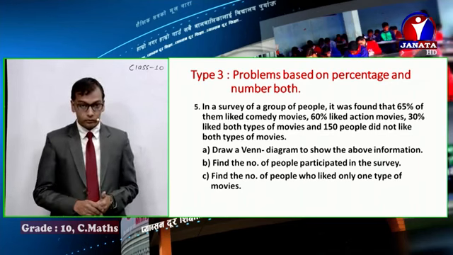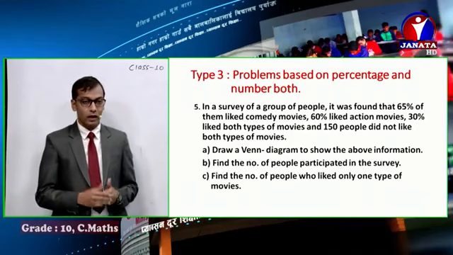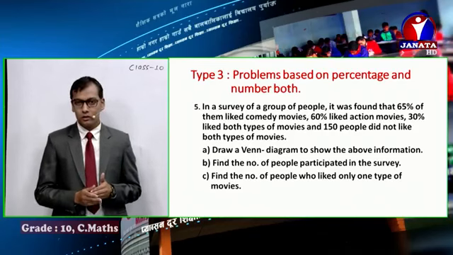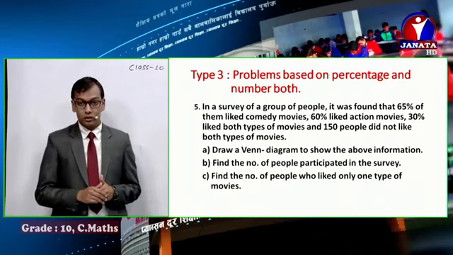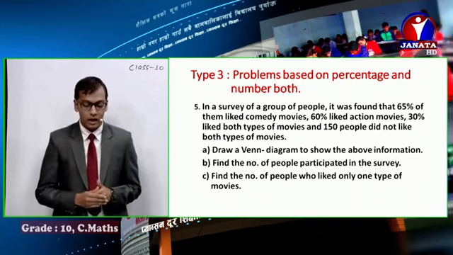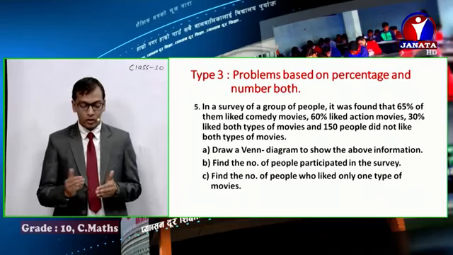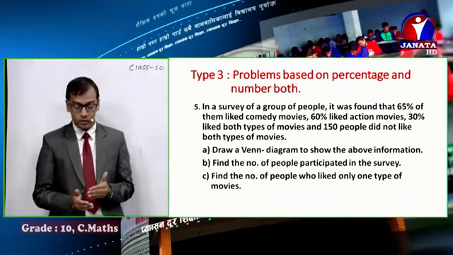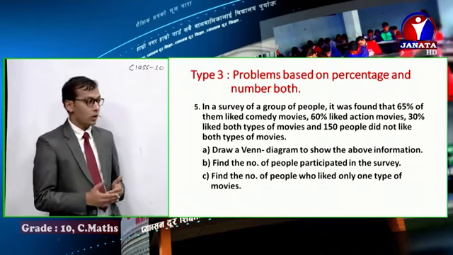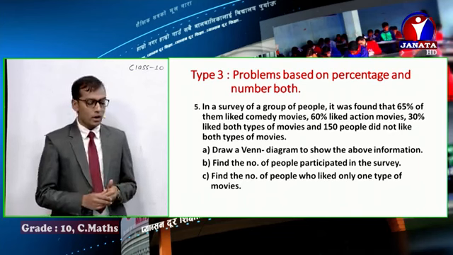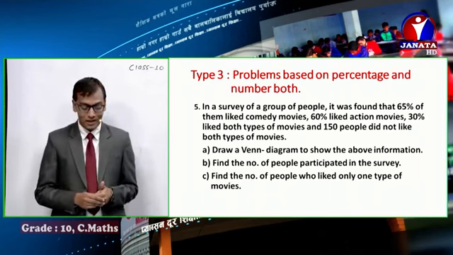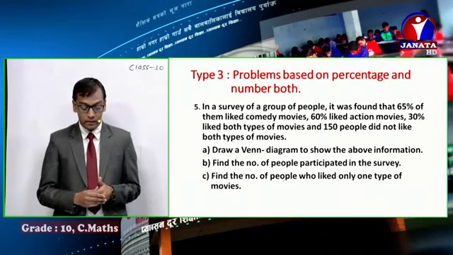Looking at the question, the given information is mostly in percentage, and one piece of information is in number, which is 150 people did not like either type of movie. And there are sub-questions. Draw a Venn diagram to show the above information. Find the number of people who participated in the survey. And find the number of people who liked only one type of movie.